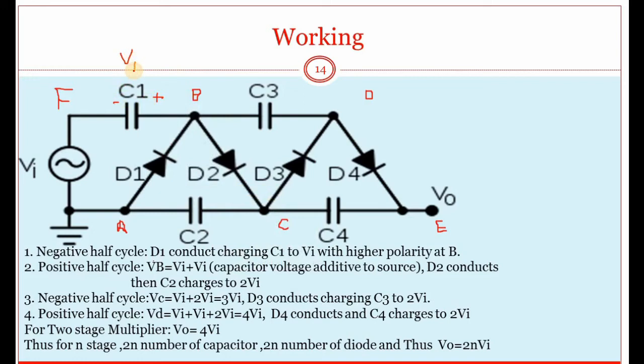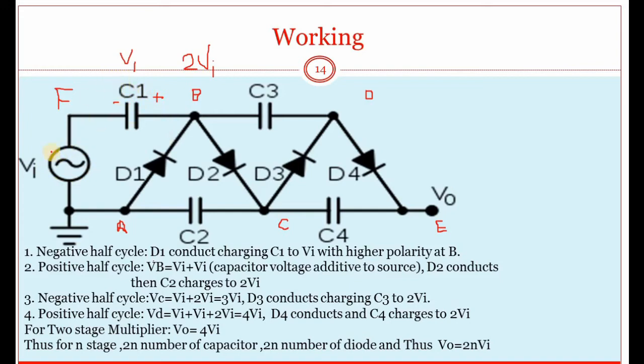Now, in the next positive half cycle, the voltage at B will be 2Vi. At this point, the voltage will be 2Vi. It is because in the positive half cycle, the supply voltage will have Vi, and this capacitor has Vi voltage.